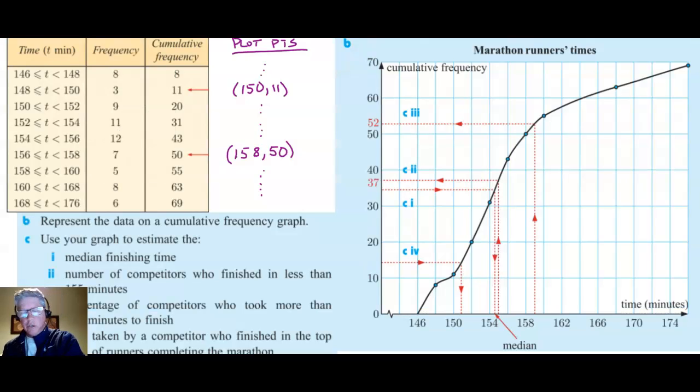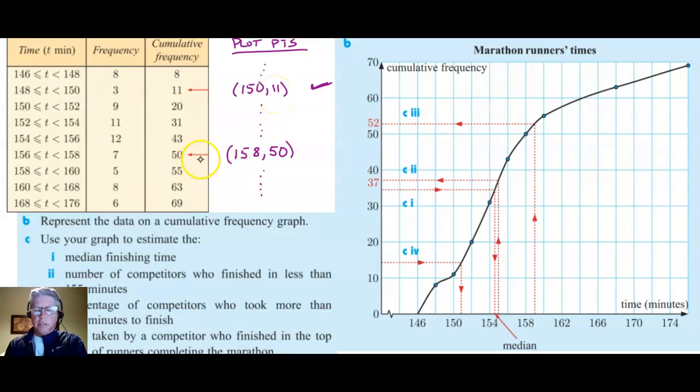All right, so there's a lot going on in this picture, and instead of doing it in a couple steps, I kind of put it all there at once. So first, I'm going to bring your attention back to the table. Here we have 11 people that have run 150. So the coordinate point that I'm going to plot is 150, 11.